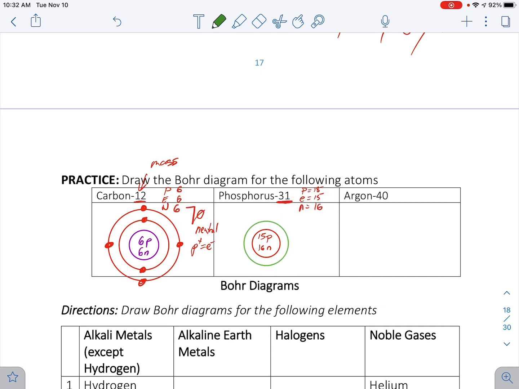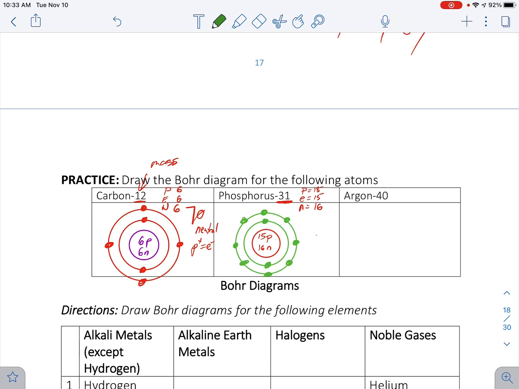Okay, there's my first shell. 1, 2 electrons. Okay, so I still have 13 electrons to go. So I'm going to draw another one. Okay, 13. So 1, 2, 3, 4, 5, 6, 7, 8, 9, and 10.